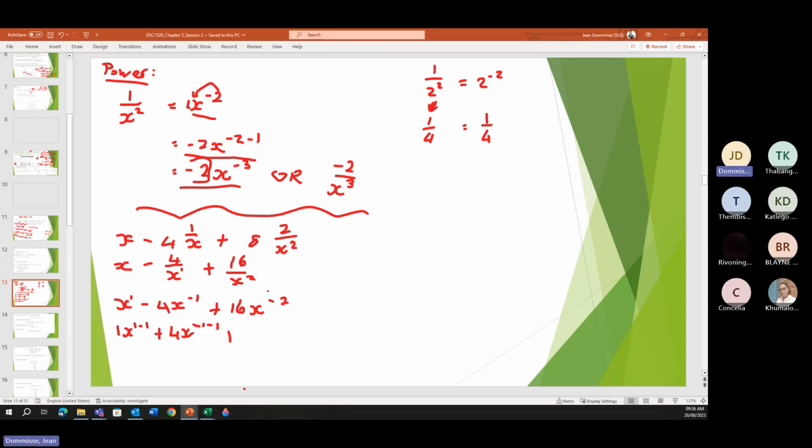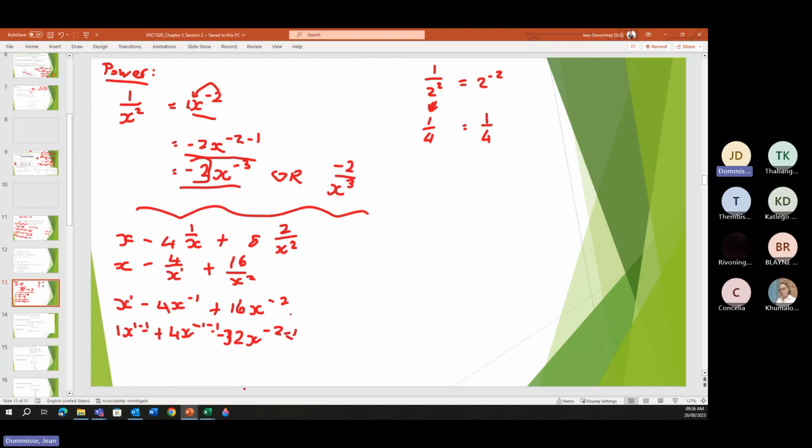Then minus 2 times 16 is actually minus 32. And again, in the next step, we'll simplify that because it's minus 2 minus 1. So again, you can see every time I used the minus 1 because of the power rule.